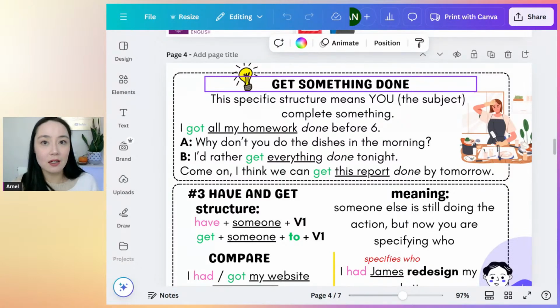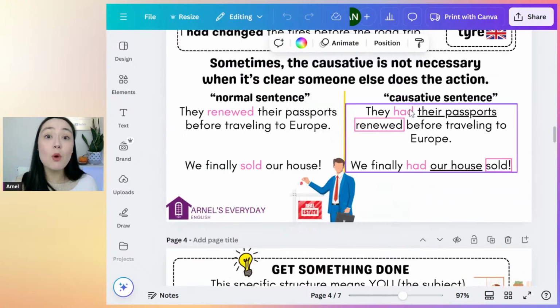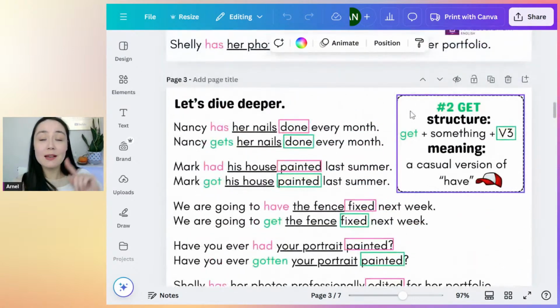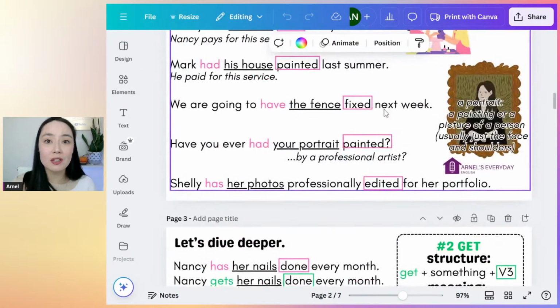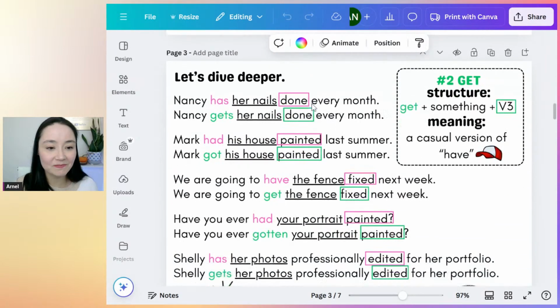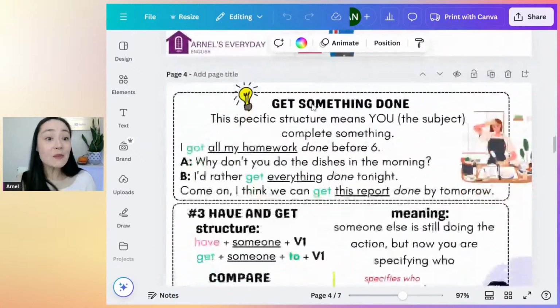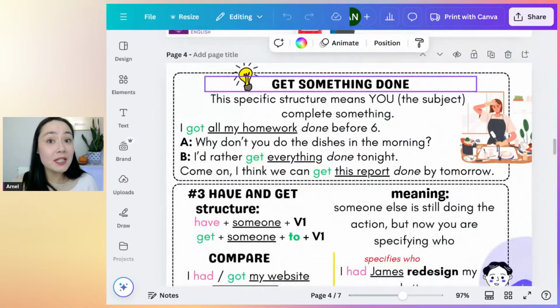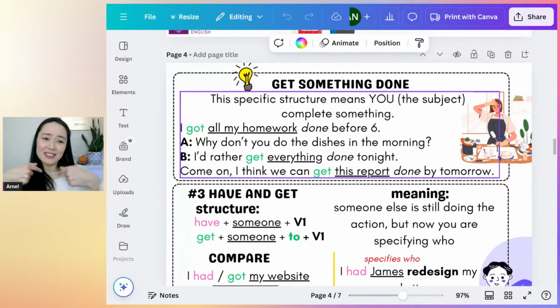In all of these examples, someone else is doing the action. But here's an exception. I need to tell you about the exceptions. If we say get something done, specifically with done, this specific structure means you complete something. I know that's confusing, but that's what it means.